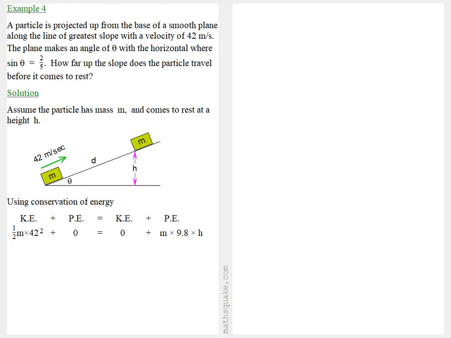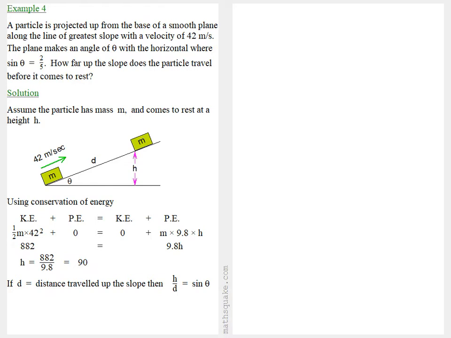The initial potential energy is 0, the final kinetic energy is 0, and the final potential energy is mgh, which is m times 9.8 times h. Now if we divide both sides by m, we get 882 is equal to 9.8h. And if we divide both sides by 9.8, it works out that h is equal to 90.